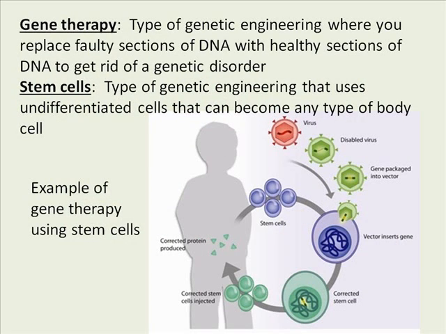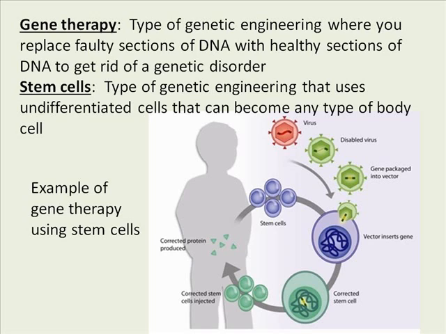The next two types of genetic engineering I've summed up together on one slide: gene therapy and the use of stem cells. With gene therapy, this is a type of genetic engineering where you are going into DNA that is faulty, something that codes for a genetic disorder, like diabetes.